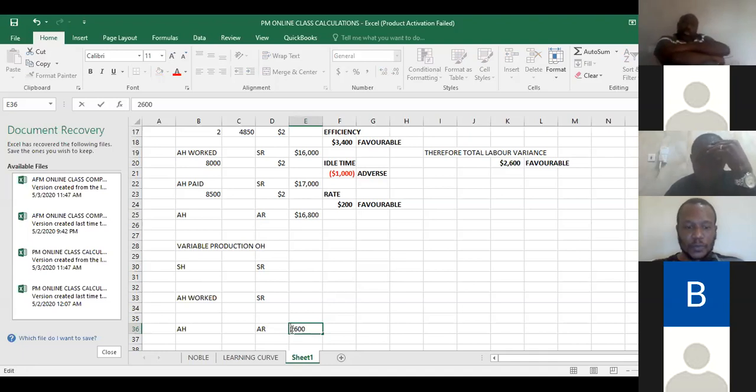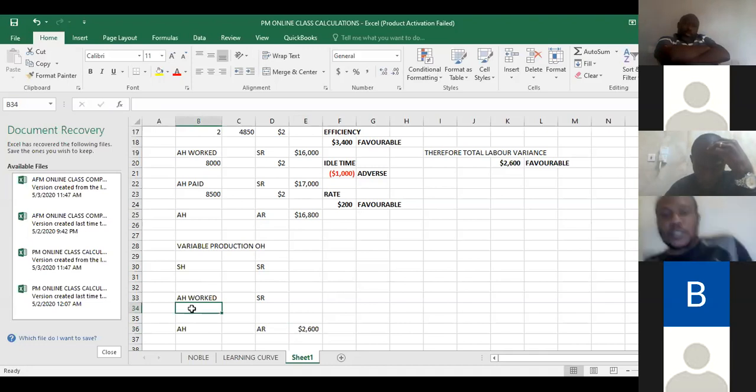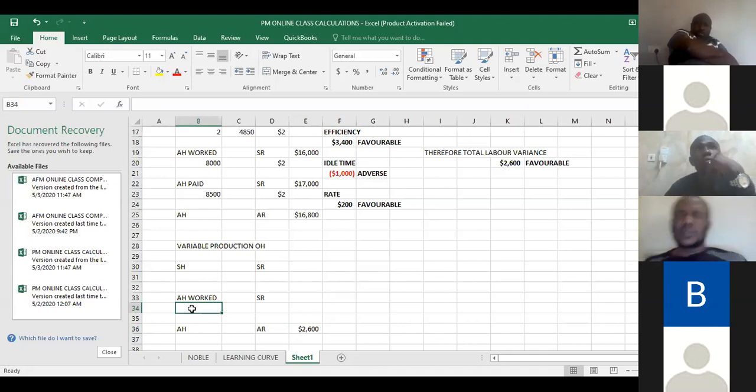Now, what is the actual rate? We'll find what our actual rate is. The actual rate will be that divided by the actual hours. So that will be 26 divided by 8,000. What's our actual hours worked? 8,000.